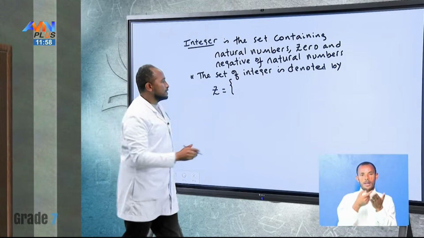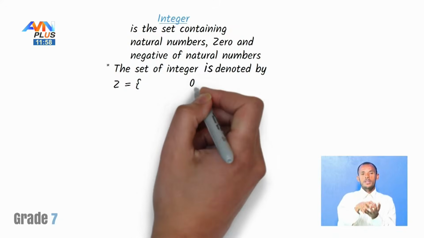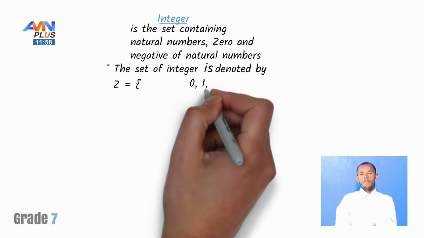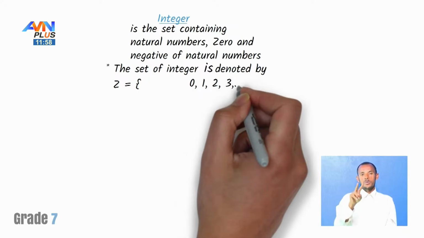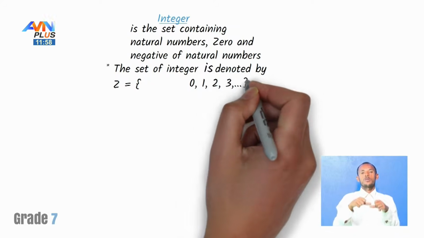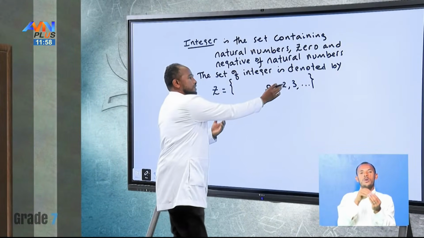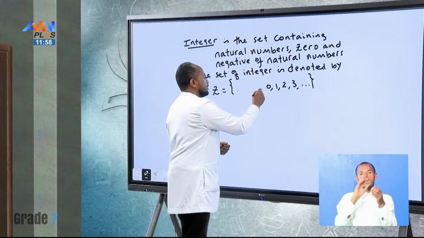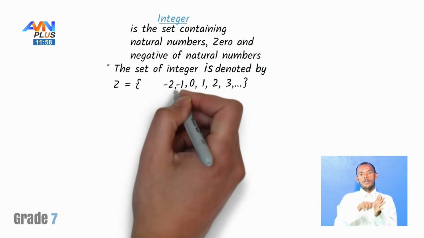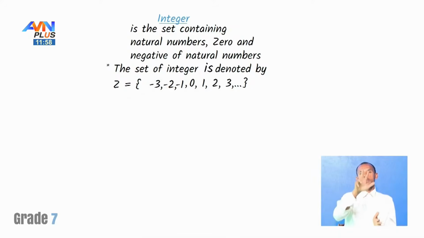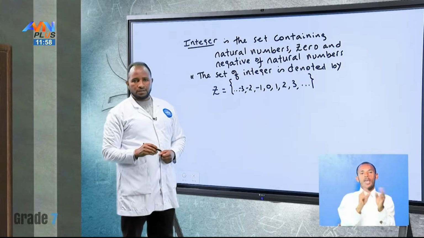And this Z contains the numbers as we defined it here. It contains 0. It contains natural numbers, 1, 2, 3, and so on. Not only this, it also contains the negative of these natural numbers. So here you have the negative of 1, negative of 2, minus 3, and it goes on like this. So this is the set of integers.